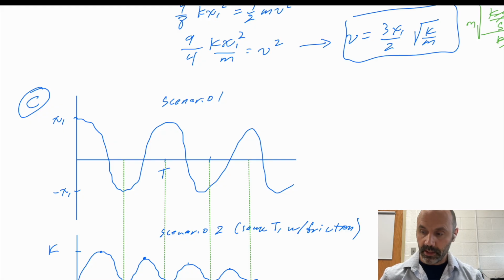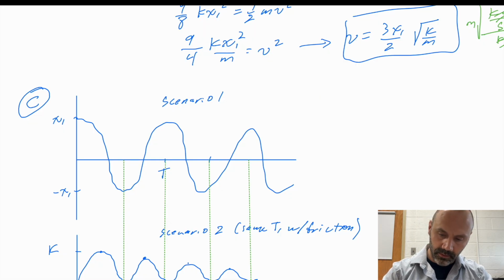Part C, so now we've got a new surface. They give you the graph in scenario 1, where it's just oscillating back and forth on a frictionless surface. And then scenario 2, it's on a new surface where there is friction, but they tell you that the period's the same. So we want to take note of that.